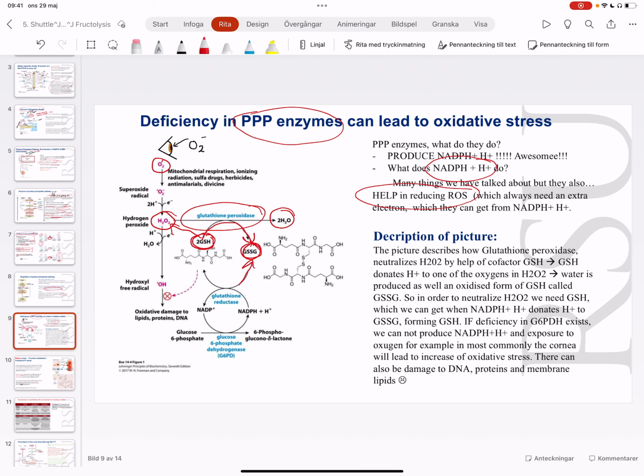So GSSG will receive the hydrogens from the glutathione reductase, and glutathione reductase got these hydrogens from the NADPH plus H plus. And so when that happens, we will get GSH. GSH can then help glutathione peroxidase to neutralize hydrogen peroxide. And this is a summary of what I just said.